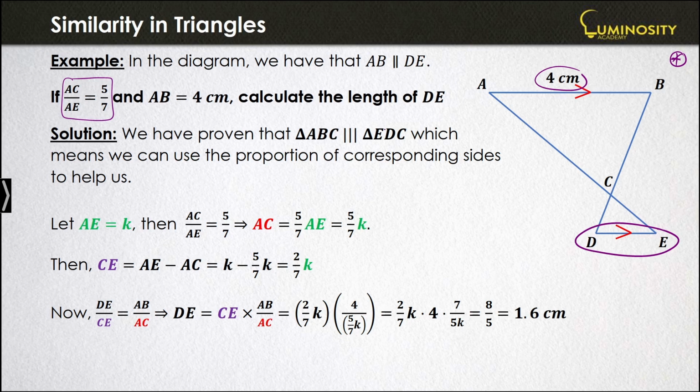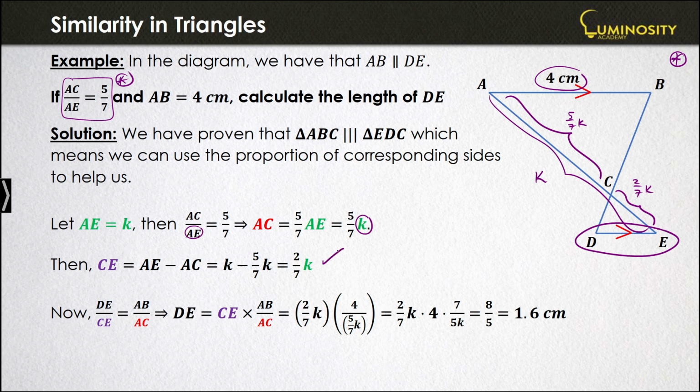If I let the entire side length AE equal K units, then multiplying both sides by AE, I get AC equals 5/7 AE, which I'll call 5/7 K. So AC is 5/7 of the distance K. That means we can work out the remaining piece by subtracting 5/7 K from K, and we get 2/7 K, because that makes up the entire distance of AE.